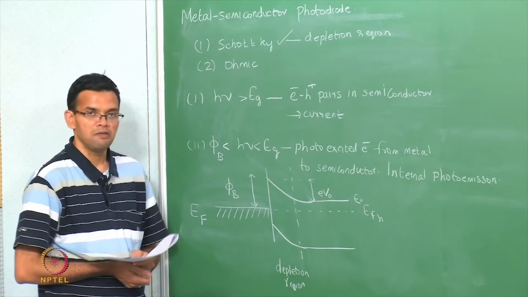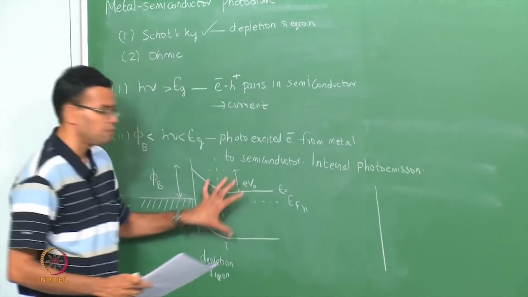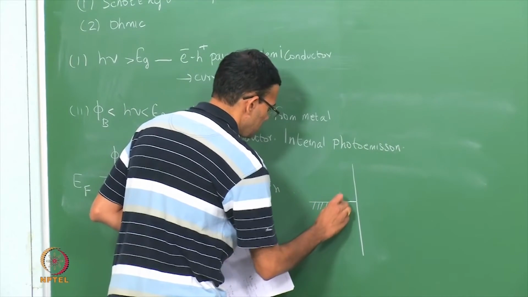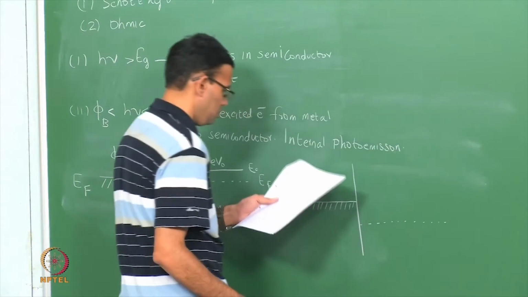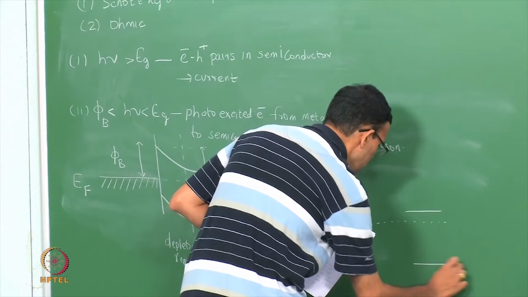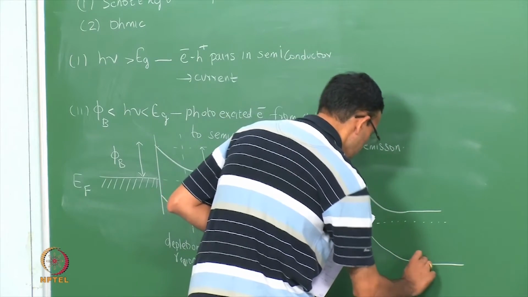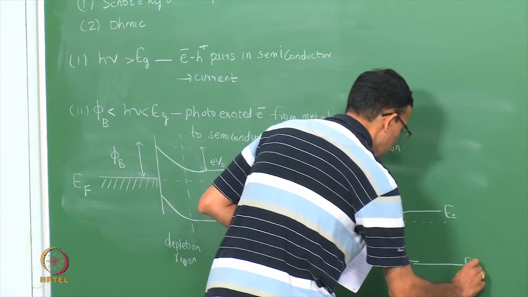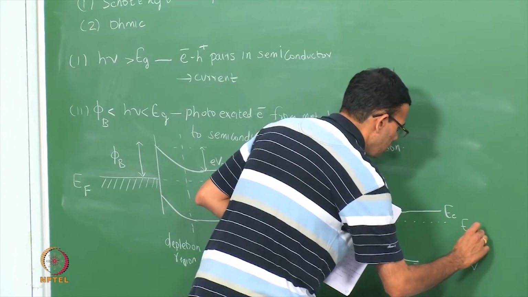So, when we apply a reverse bias to this junction, your semiconductor potential shifts. So, the metal is still the same, semiconductor shifts, EC, EV, EF, EFN.